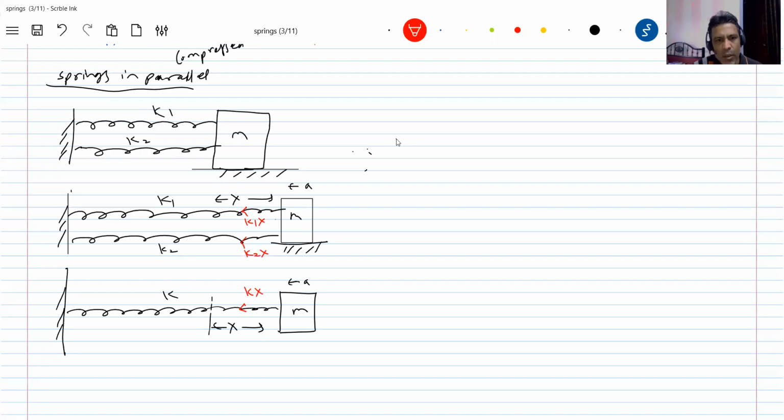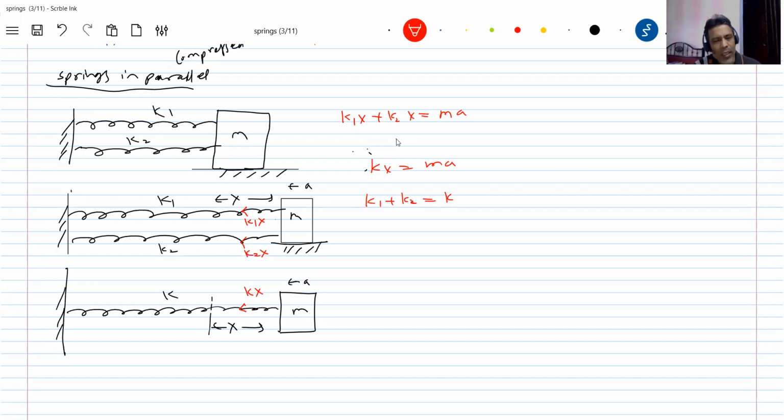What was the acceleration of the block in the first case? K1x plus K2x equal to ma, no? Then what is the acceleration of the block in the second case? Kx equal to ma. I'll equate these two. So K1 plus K2 equal to K.